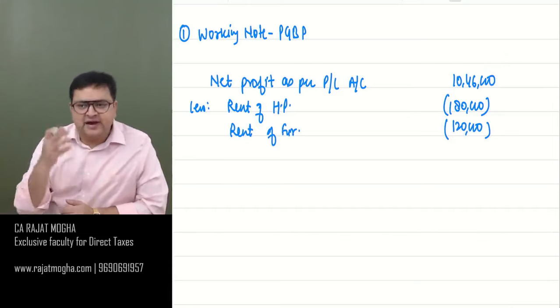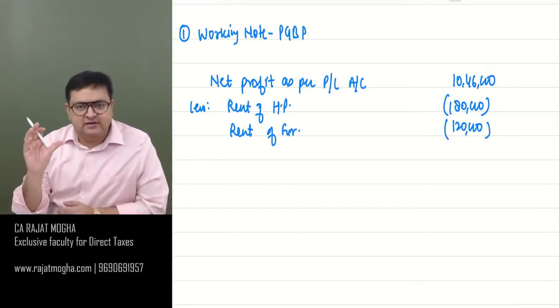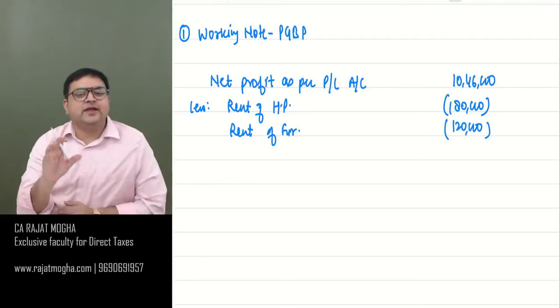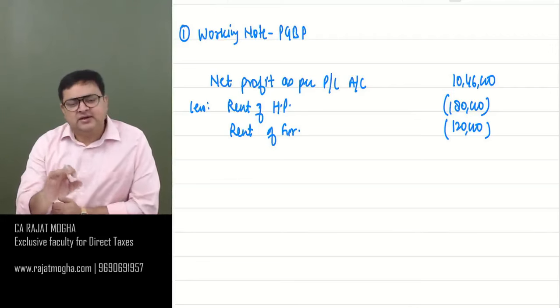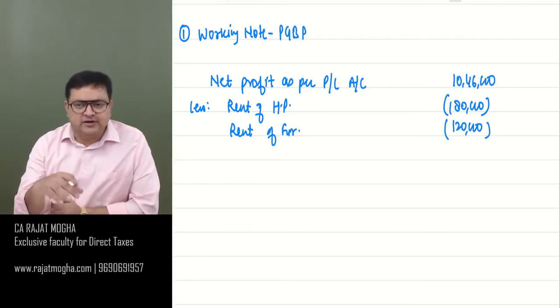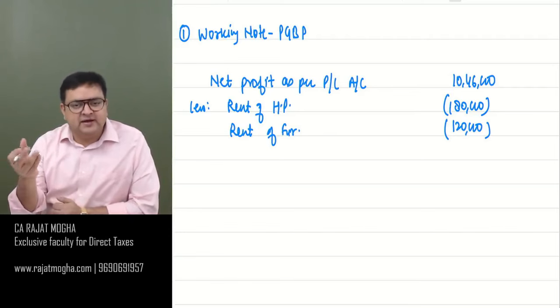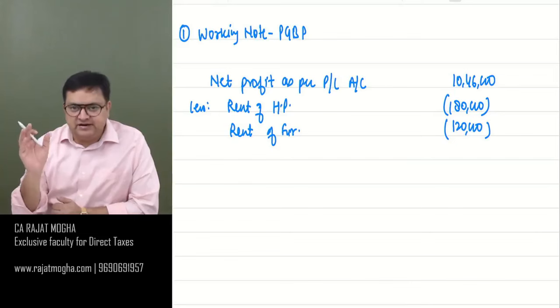Step 2, expenses side. I could not find any problem with the expense side, just looking at the P&L account. There is some information that I'll look at now in the 4th point. Step number 3, income side. Anything which is my PGBP, I'm okay. Anything which is not my PGBP, I have deleted. Everybody, I believe, is fine with this.